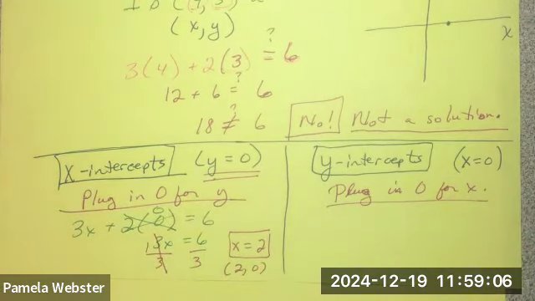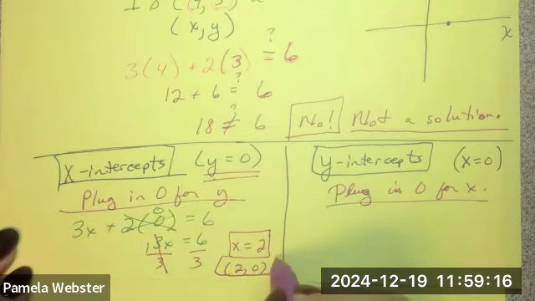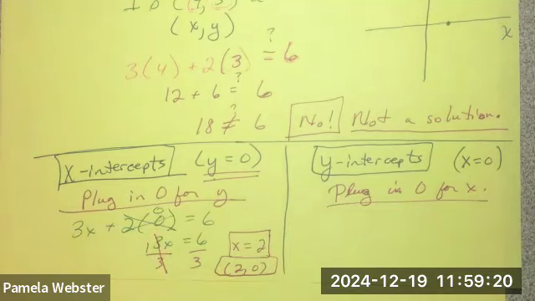Okay, so this is important for us as we move forward. You're either going to have to write x equals 2, or you're going to have to write the point 2 comma 0. If you just say 2 and give that to me as an answer, I don't know what you're trying to tell me. So you have to be explicit here.